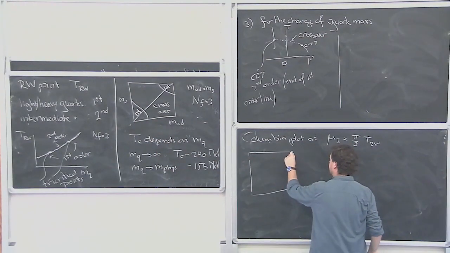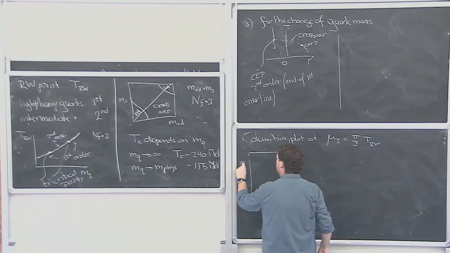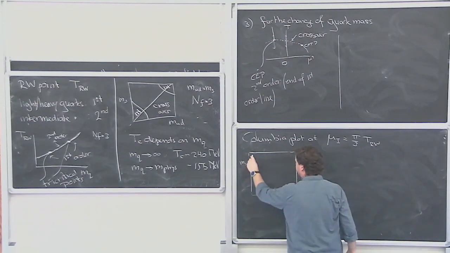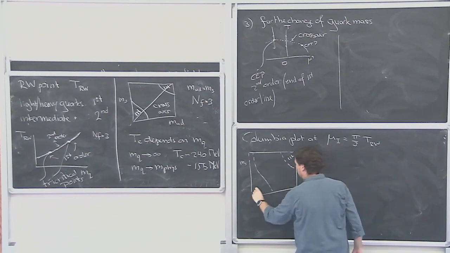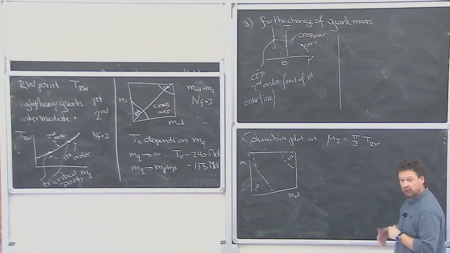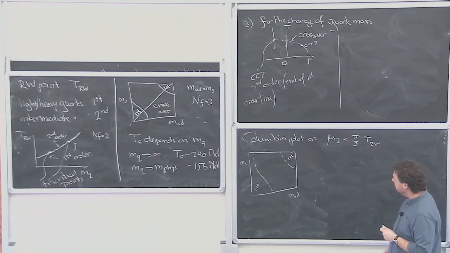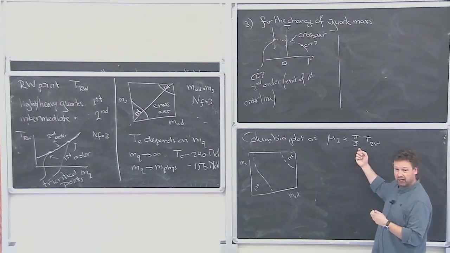Roughly, we expect that it looks like this, M up, down, and strange. And we expect, again, that there is a first order region for very light quarks and very heavy quarks, just based on the analysis we've just done. But in the region in the middle, as you remember, the Roberge-Weiss point is always either a triple point or a critical endpoint.